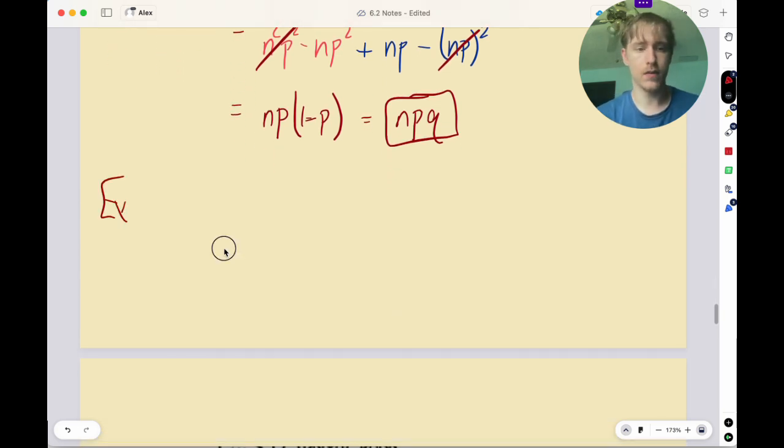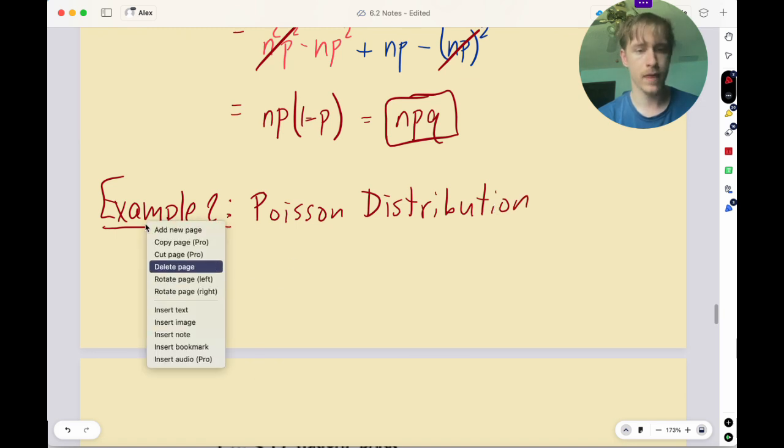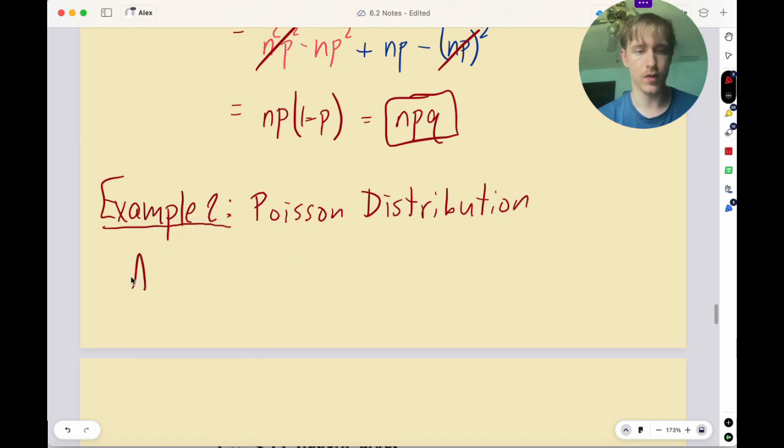Next example, let's go ahead and find the mean and the variance of the Poisson distribution. So the Poisson distribution, if you'll recall, again, I'm just going to go ahead and write out the definition.